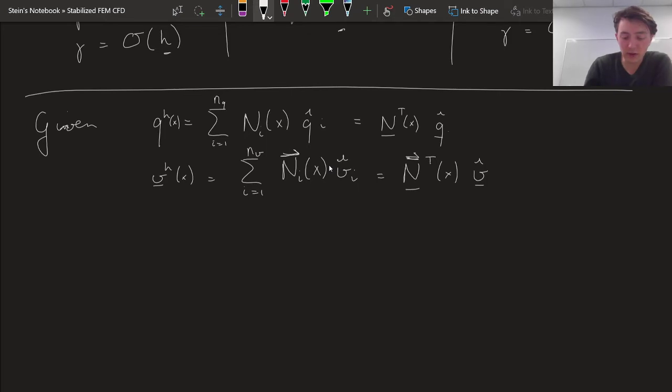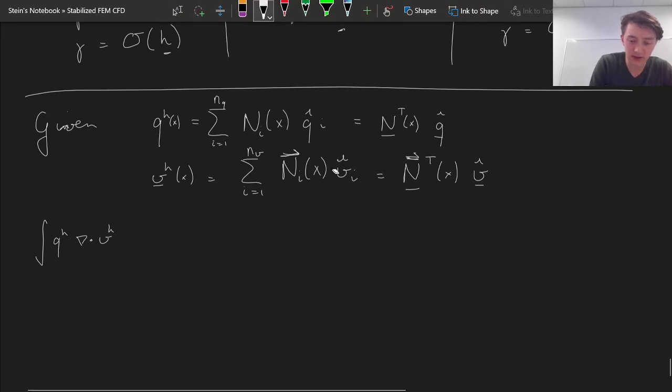Okay, so this is an identity, right? We can write any discrete function in this way. So given this representation of these discrete functions, what can we say about our integral of q_h div v_h? Well, we can substitute these different relations and we would actually obtain a nice matrix system of equations. Let me actually write this as an identity.